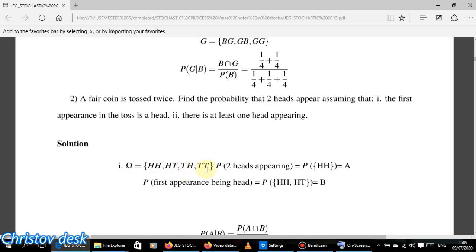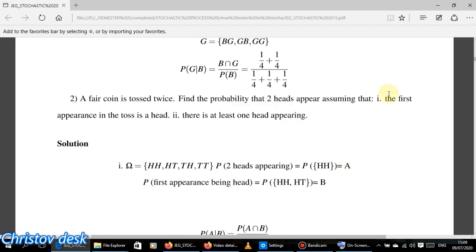Now you have to bring out the event that two heads appear. This is the only element in that event. So two heads appearing is HH. That is A.